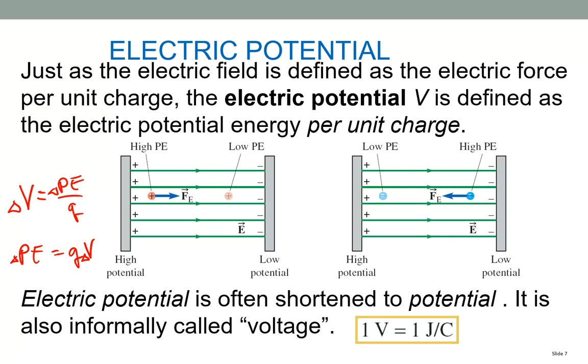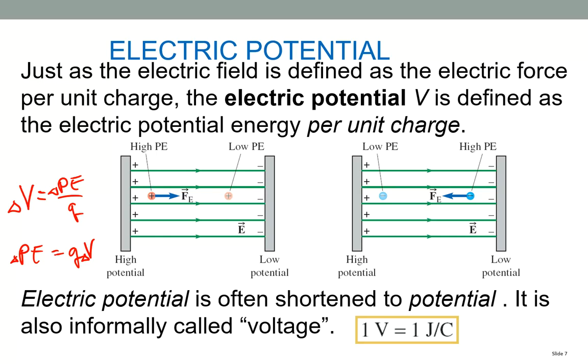Both the symbol for it and the unit are V. Because the unit is called a volt, we often simply call electric potential the voltage. So electric potential and voltage are identical in meaning. The textbook tries to draw some funny line between them, but there's none. They're the same thing, and they're always a difference. So sometimes we'll talk about the potential difference because it always is when you're measuring that.